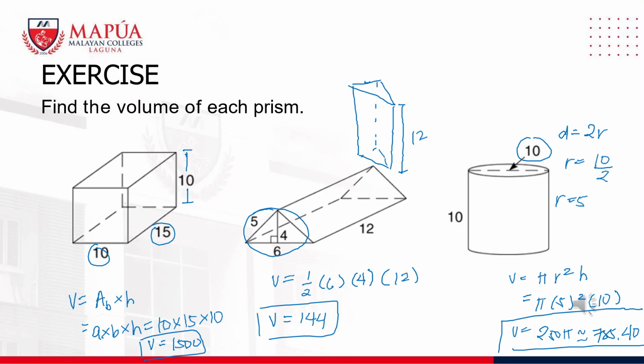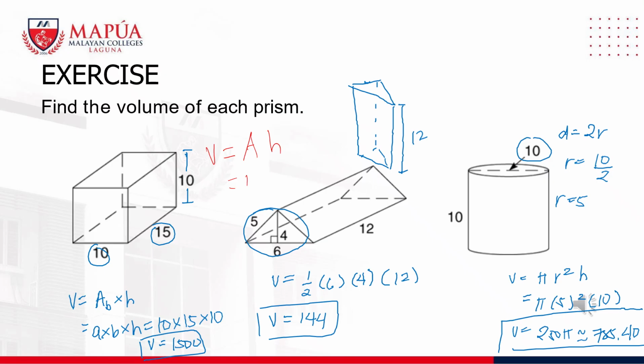We have here area of the base times height, meaning the base is rectangular. So you simply calculate the area. Volume is equal to area times the height, area of the base, where the base is rectangular. So area of the rectangle is just length times width, right?